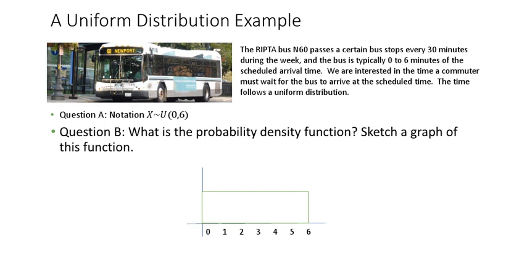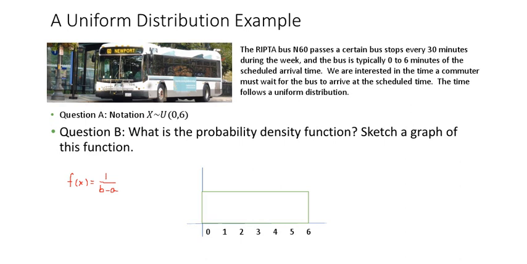What is the probability density function? And let's sketch a graph. Well, the probability density function, remember, we find by using our formula. The probability distribution follows the form f of x is equal to 1 over b minus a.